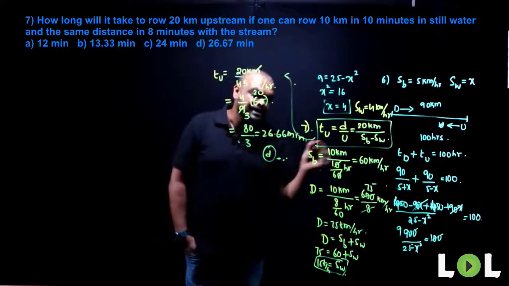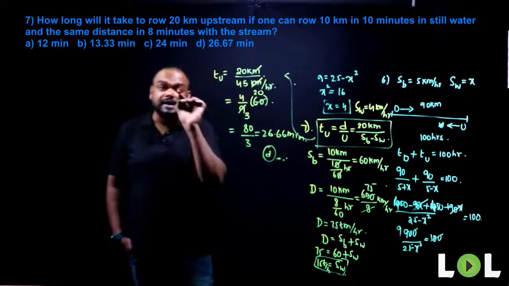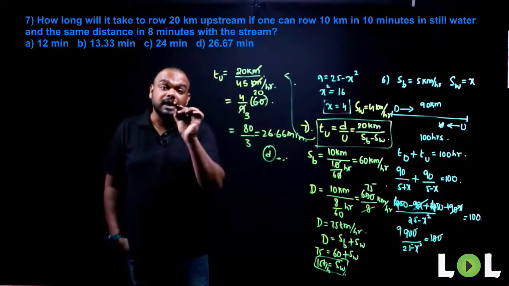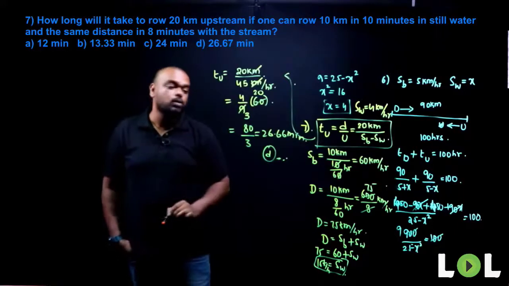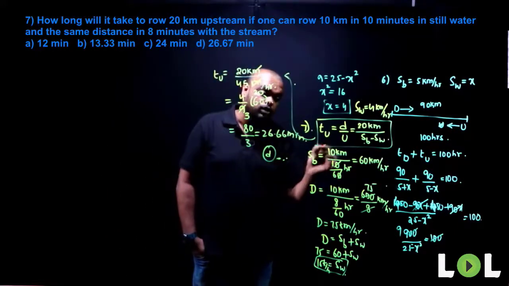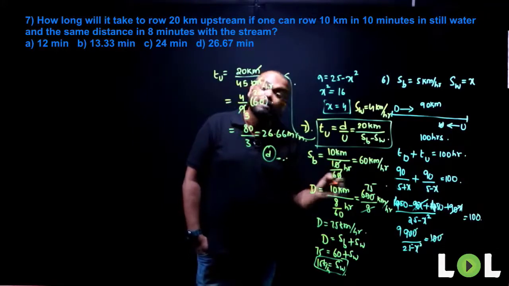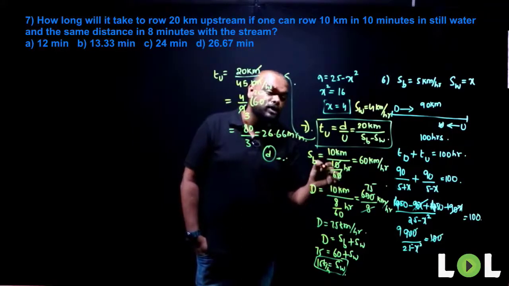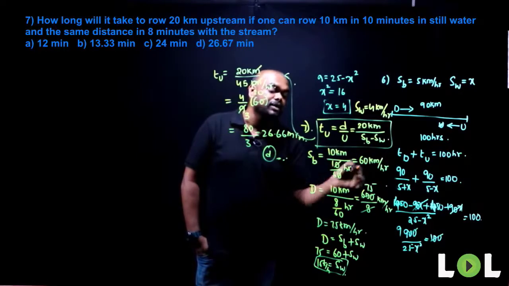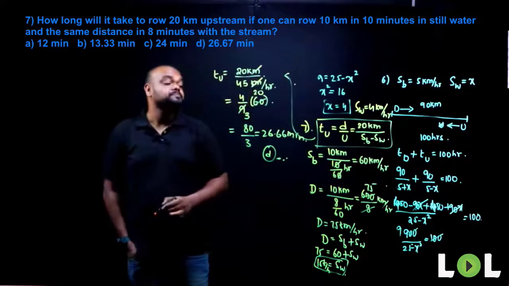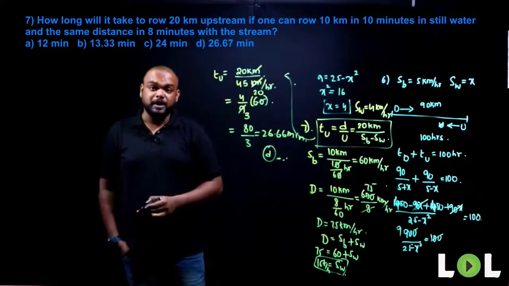So distance is there, time is there. I can calculate speed. Which speed? Speed of a boat in Stillwater. SB is equal to distance by time taken. Distance 10 kilometers, time is 10 minutes. Converted into hours because I want kilometers per hour. So 10 by 60 hours, you will get 60 km per hour. That is SB value, speed of boat in Stillwater.